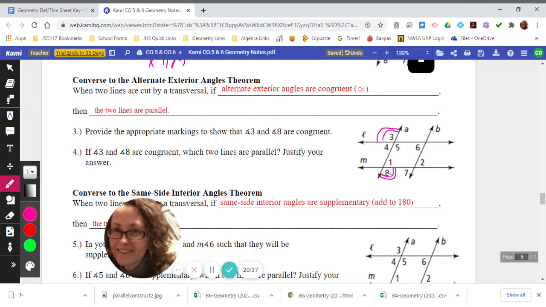Those arcs show that 3 and 8 are going to be congruent. If 3 and 8 are congruent, which 2 lines would be parallel?